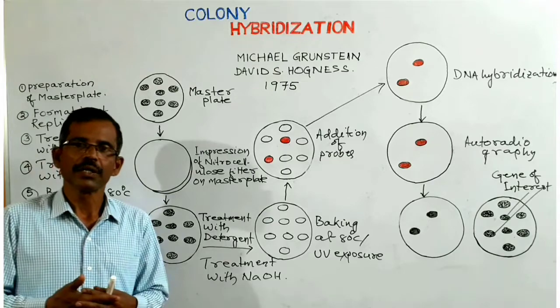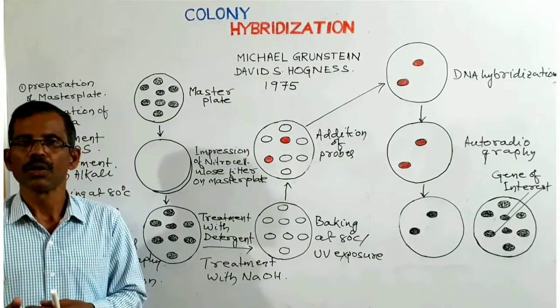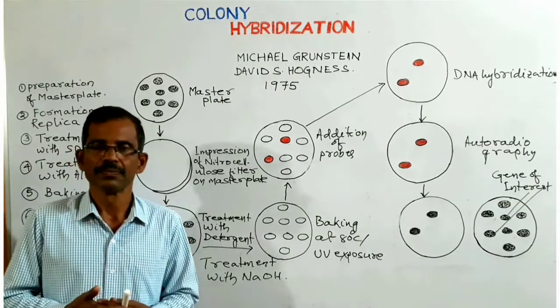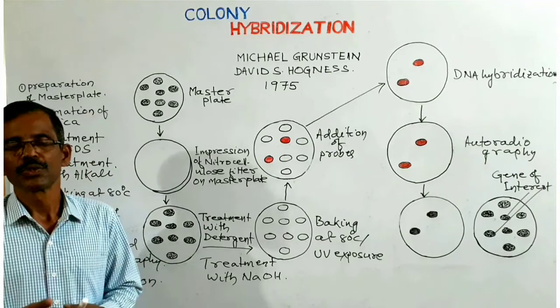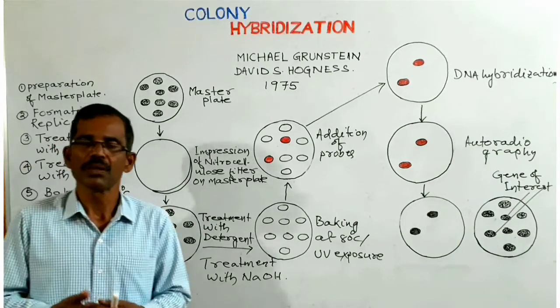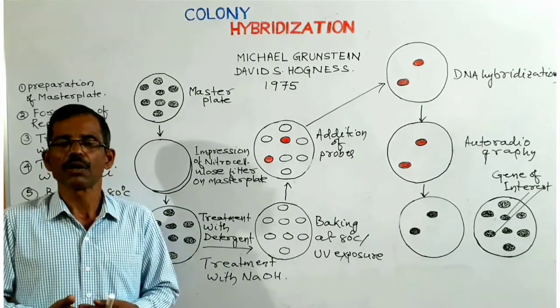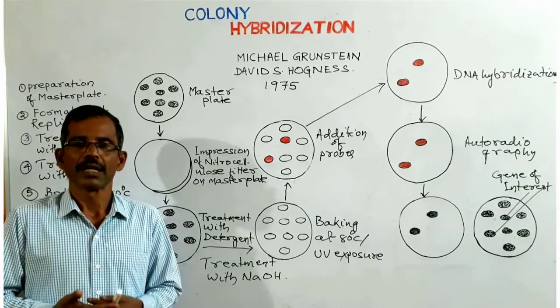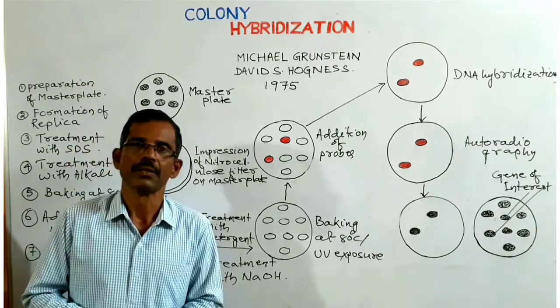It will give rise to several colonies. So this is about the preparation of the master plate. The master plate is an agar nutrient plate that contains several bacterial colonies. That is the master plate.